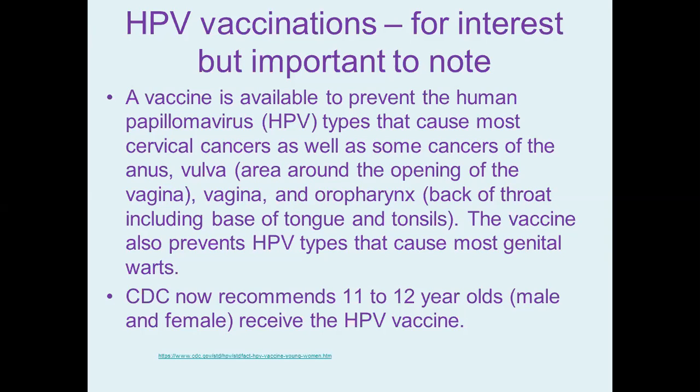So if a female becomes sexually active, say at the age of 25, and they get infected with HPV at say, age 26, they're not going to get cervical cancer at that stage. But maybe 20 years later, that female might get cervical cancer.